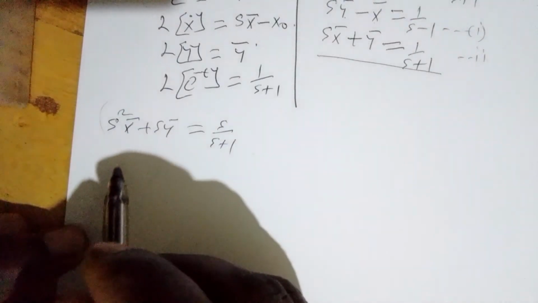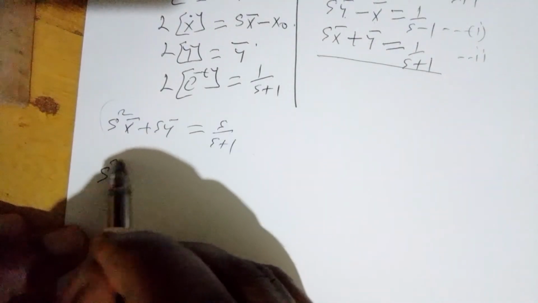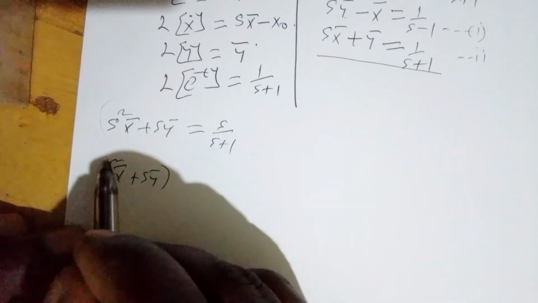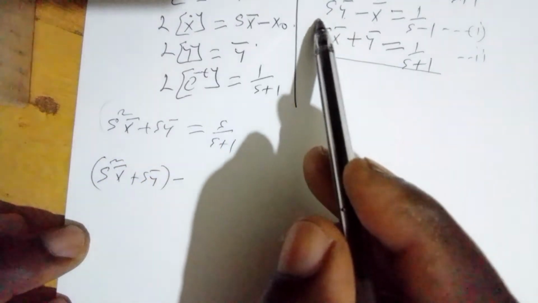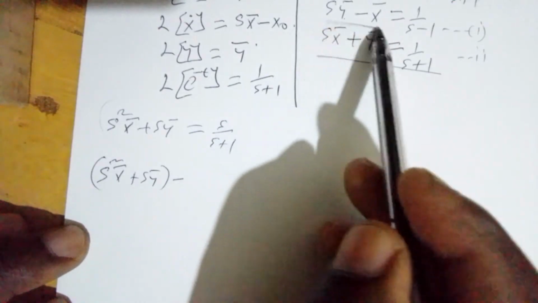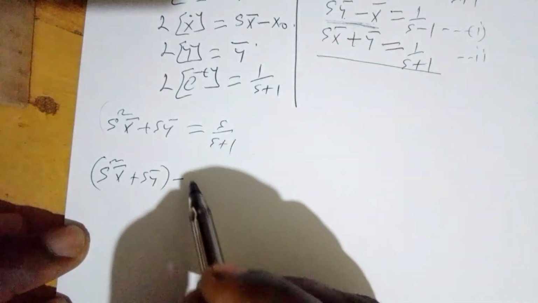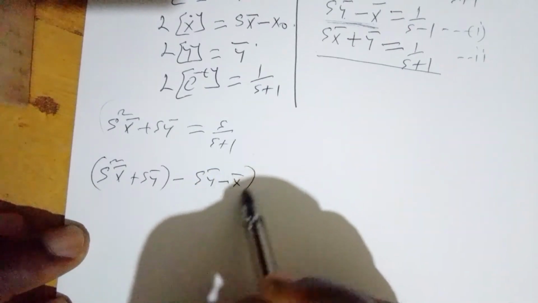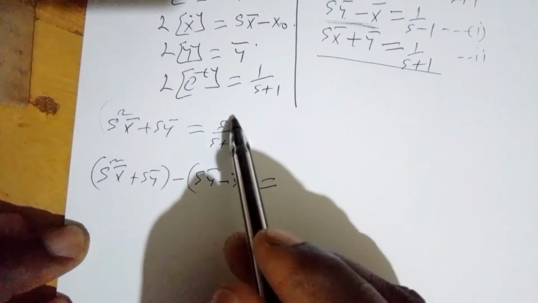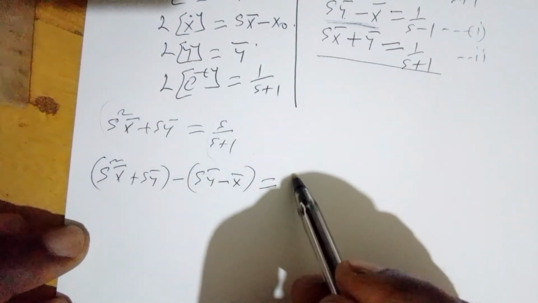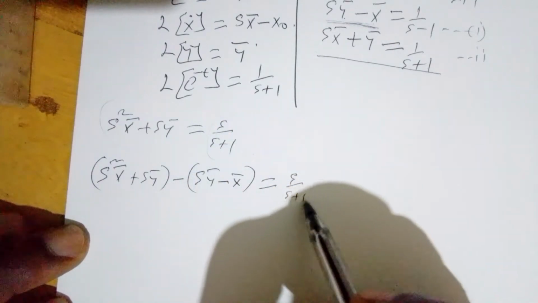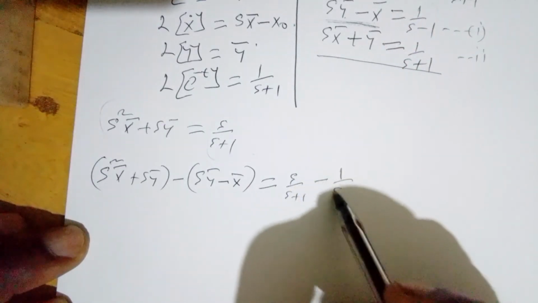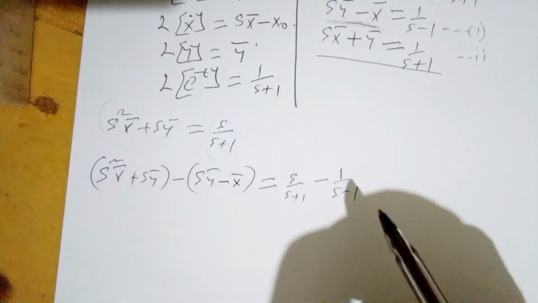Here we have s squared x bar plus s y bar, then minus, we now subtract s y bar minus x bar, equals, now we shall take this on this side, s over s plus 1 minus 1 all over s minus 1.